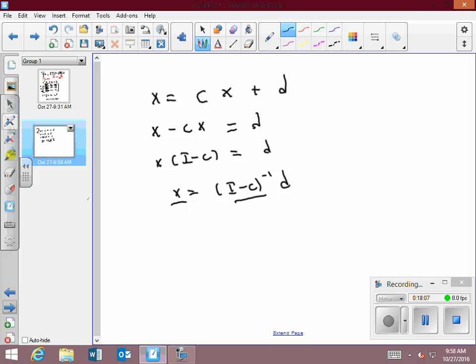And then they're going to go through a short formula for doing this inverse right here.